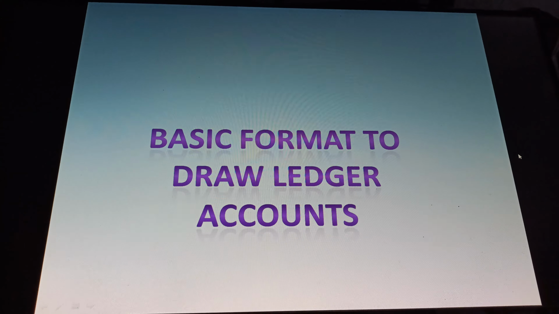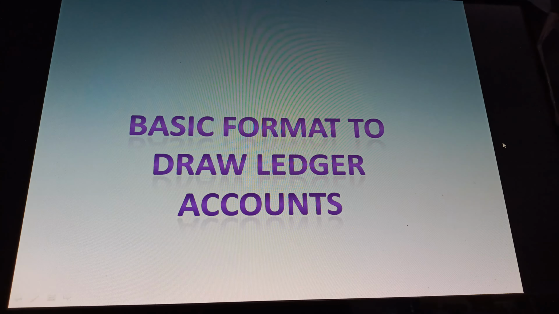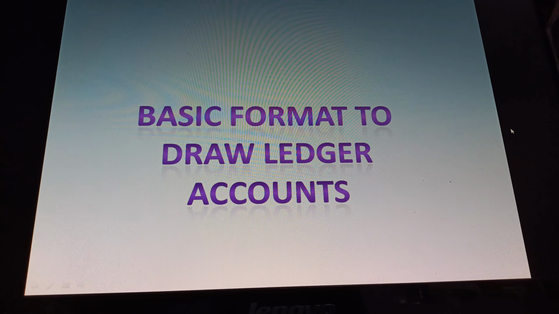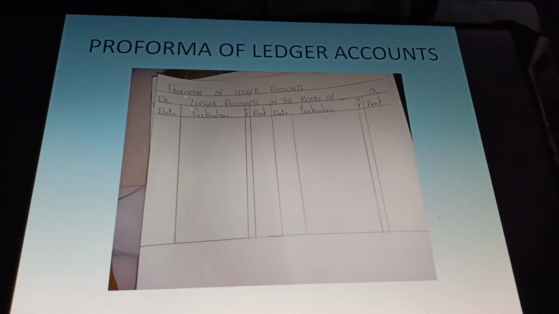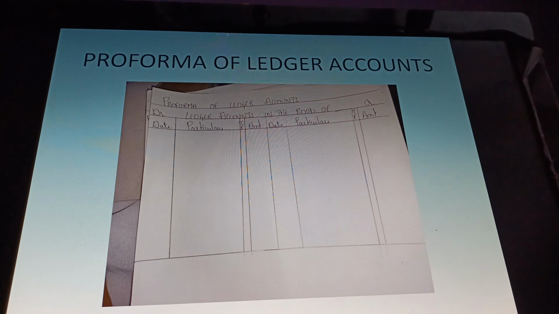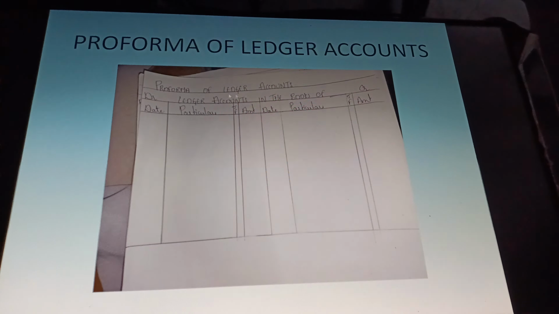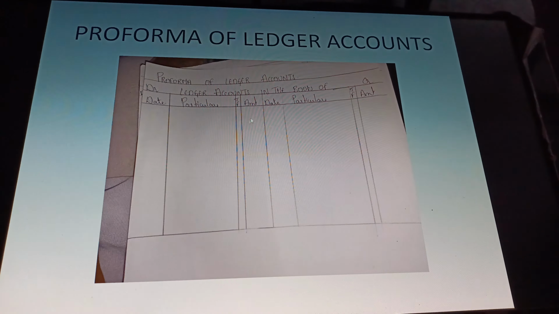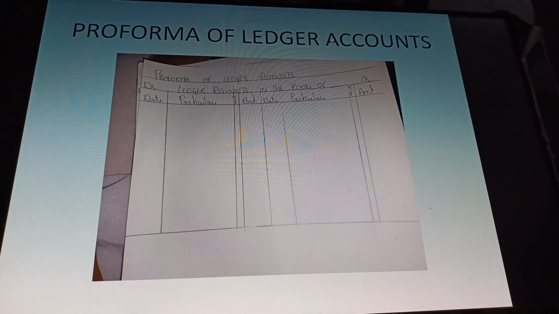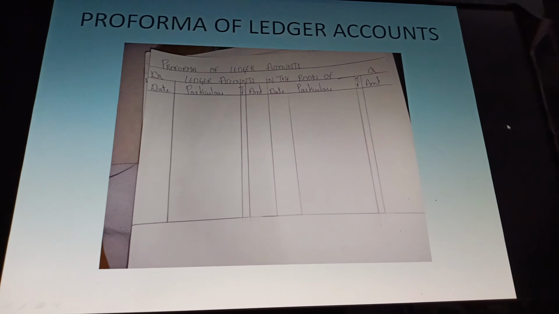Okay, now what is the basic format we will follow to draw a ledger account? This is the format I have drawn and pasted as a picture here. This is a pro forma ledger account in the books of so and so, debtor and creditor. Okay, whatever we are writing, we need to write in this account.